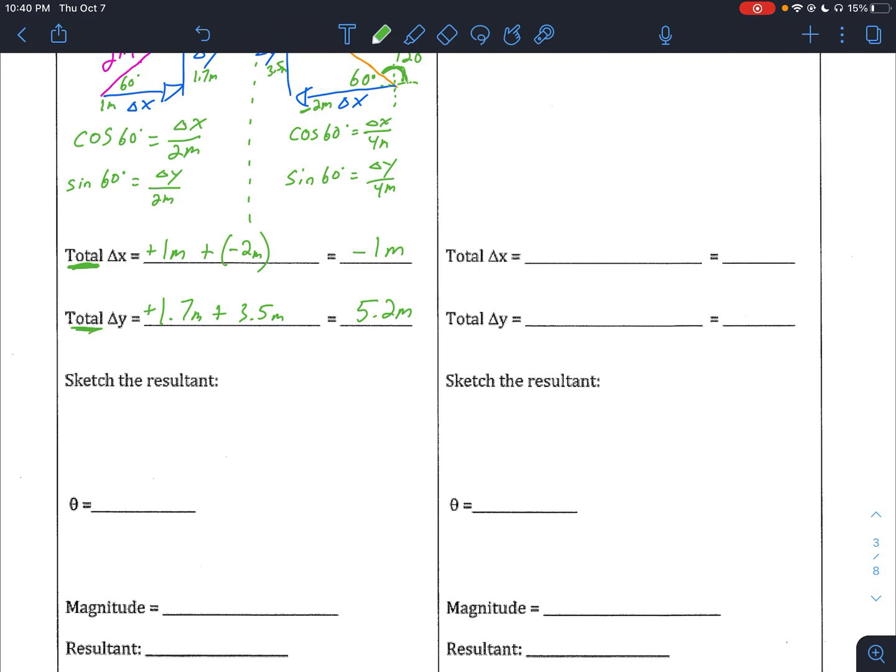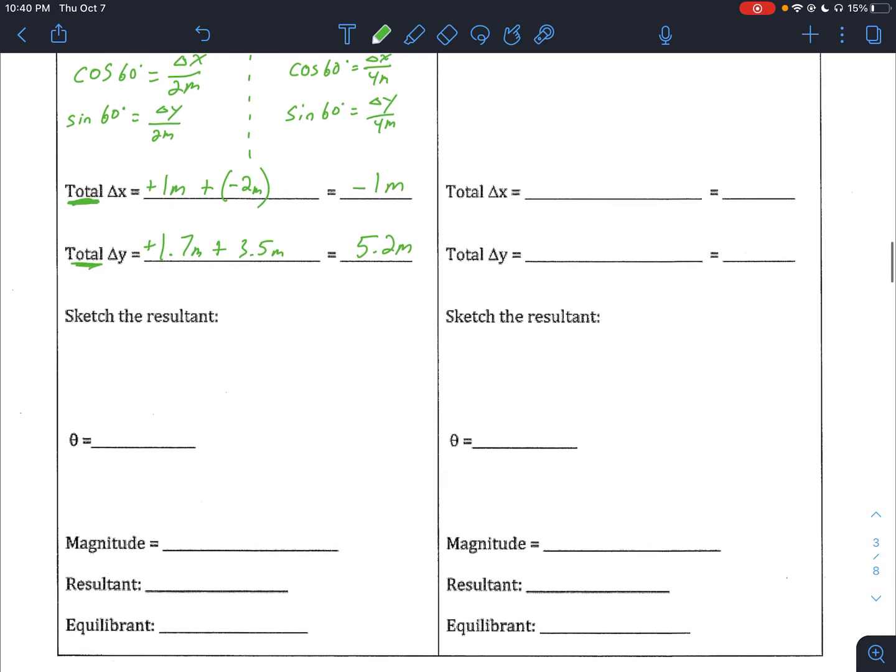We would simply sketch out our negative 1 meter. Actually, let's get that a little bit lower here. Negative 1 meter, and my positive 5.2 meter.